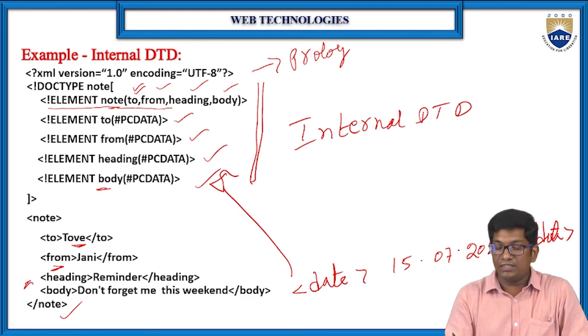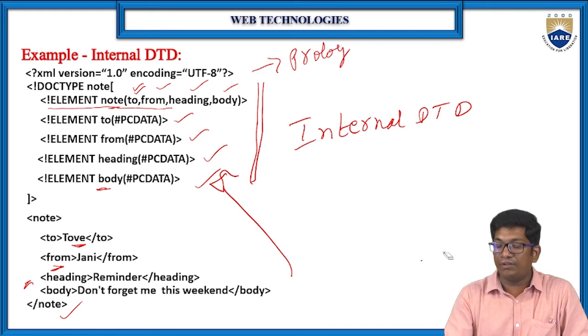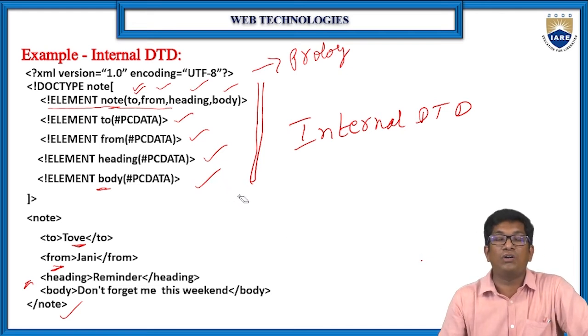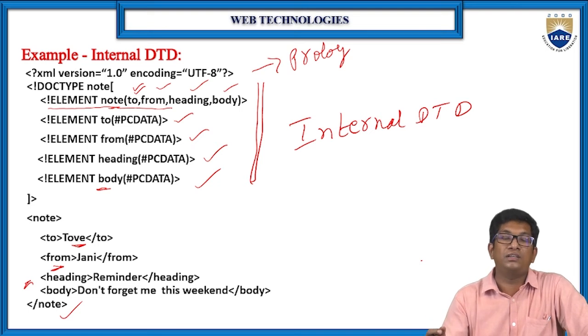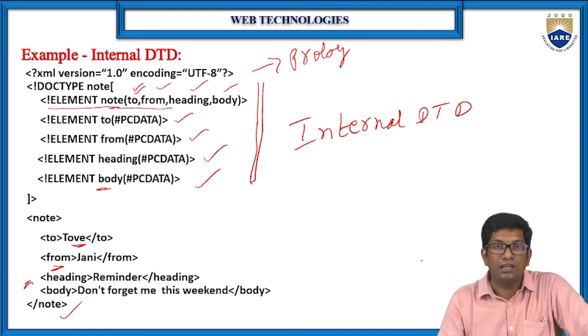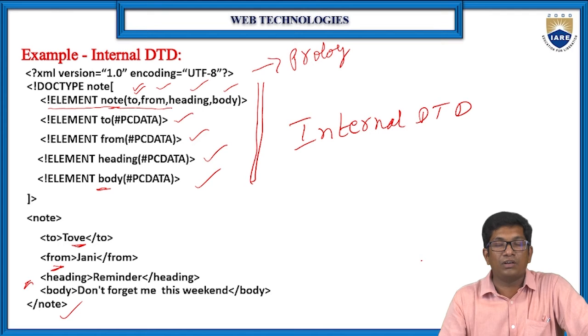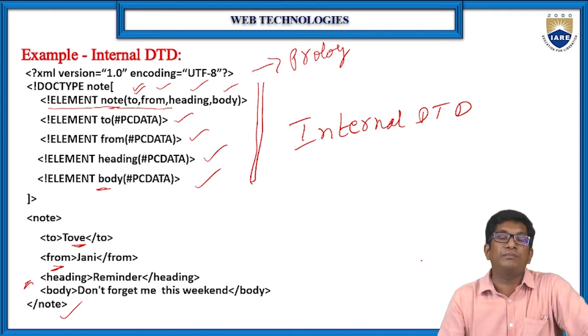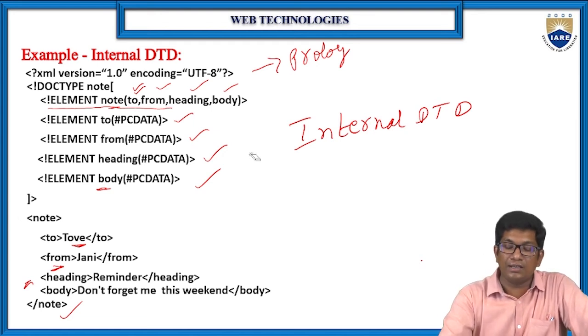Like this, it will validate your XML document, and it also tells whether it is well structured or not. If you are following this DTD, then we can say it is a well-structured and valid XML document. So that is our internal DTD.